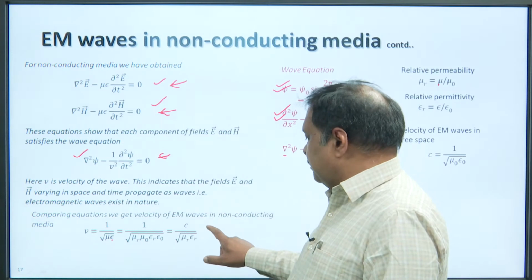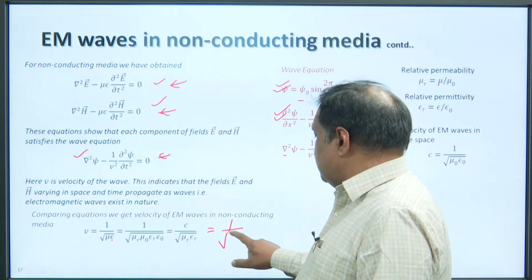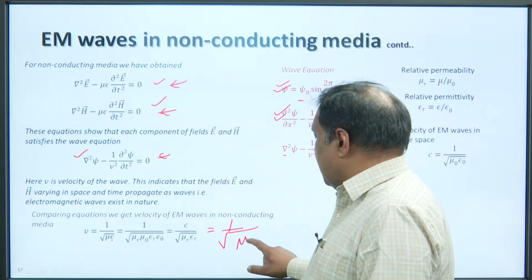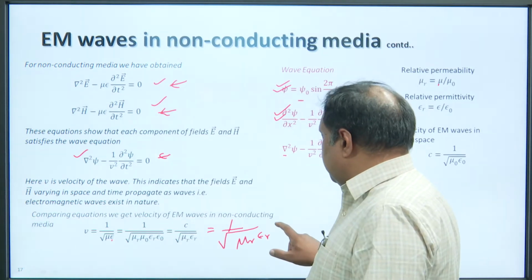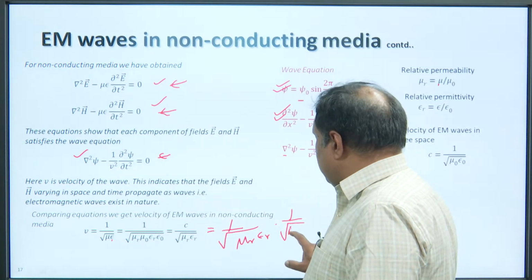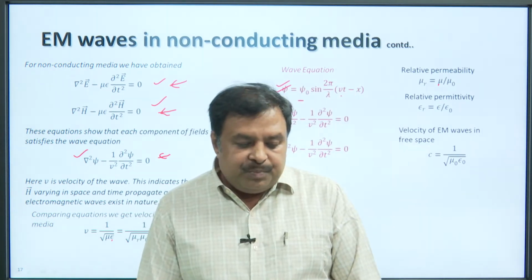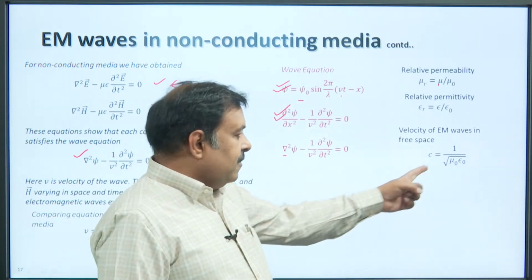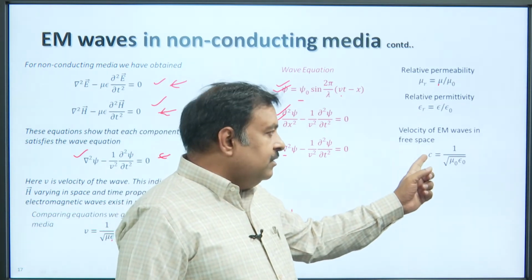So, here I have 1 upon square root of mu r epsilon r, into 1 upon square root of mu 0 epsilon 0. Now, 1 by root mu 0 epsilon 0 is c, which is the velocity of light in free space.